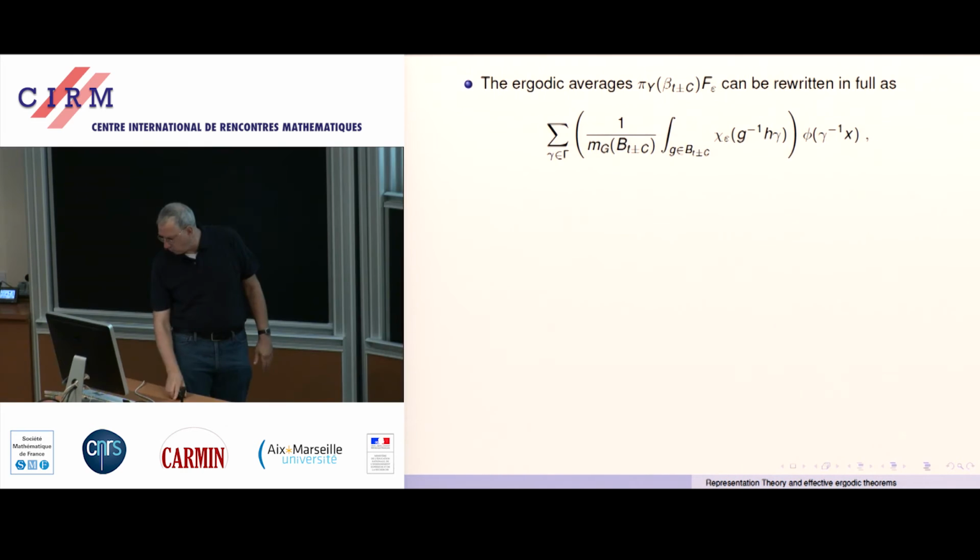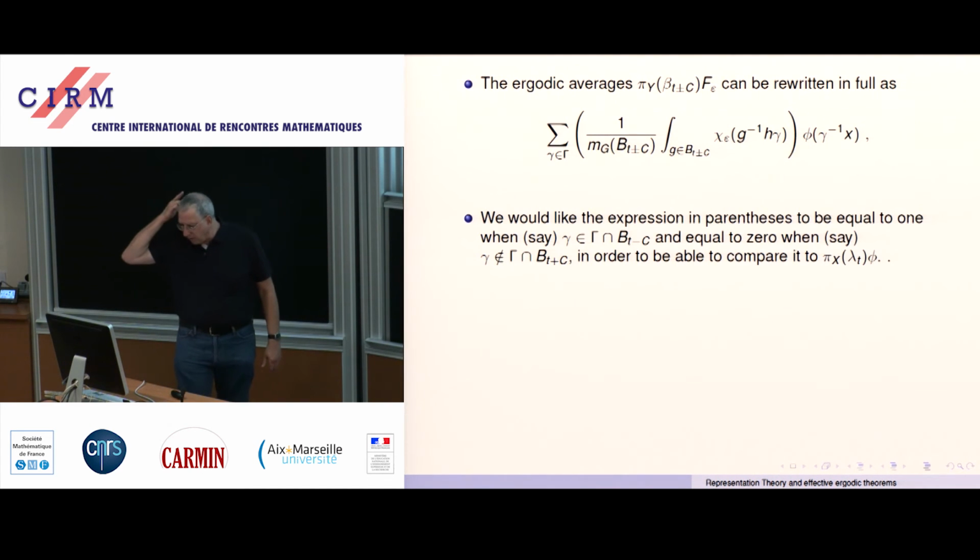And now we would like the expression in parentheses to be equal to 1, let's say, when gamma is in B t plus c, and we would like it to be equal to 0 when gamma is outside B t plus c.